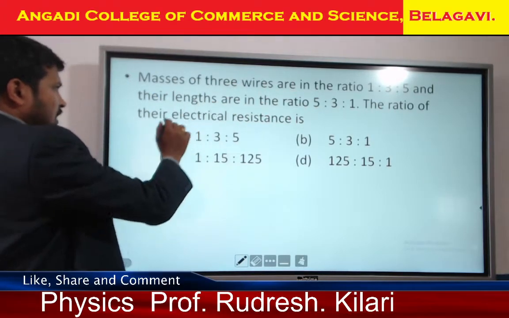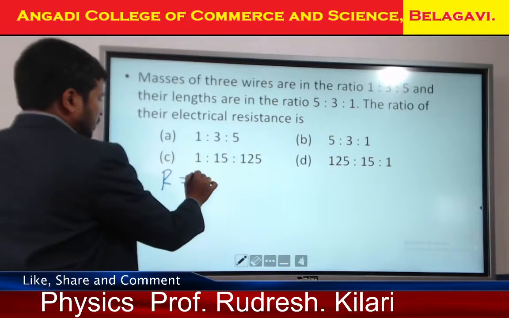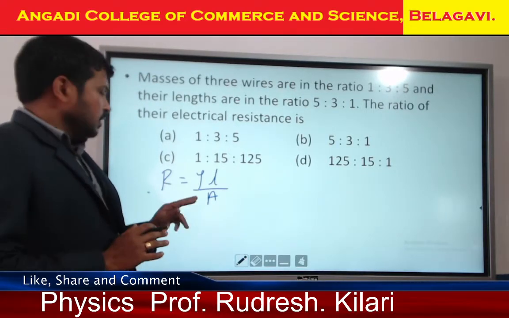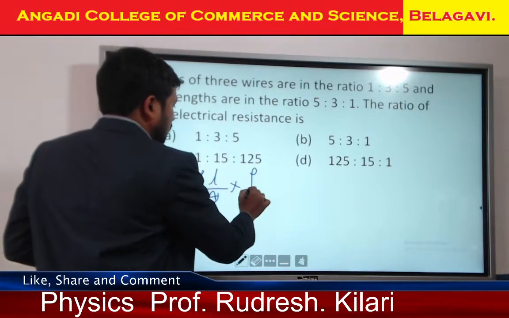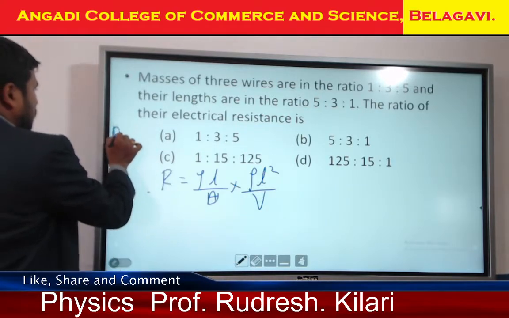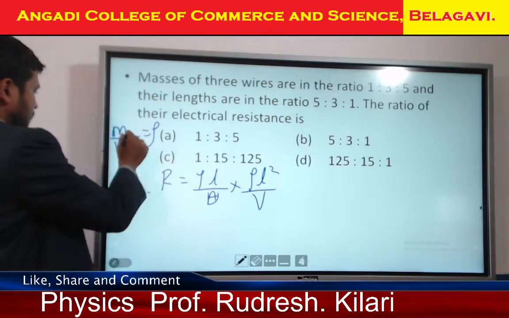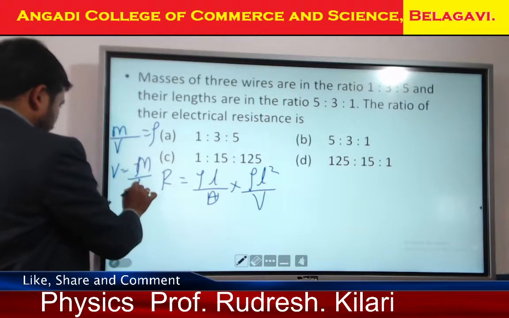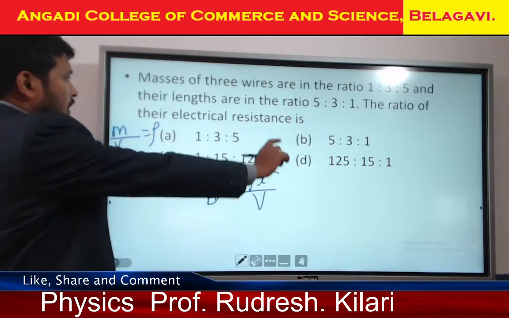We have the formula R equals rho L divided by A. Then I will multiply and express it in terms of volume: rho L square divided by V. Mass by volume equals density, so V equals M by rho. If I substitute this, what can I get?